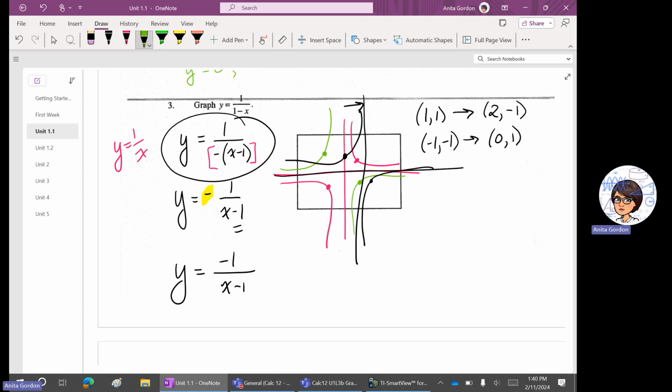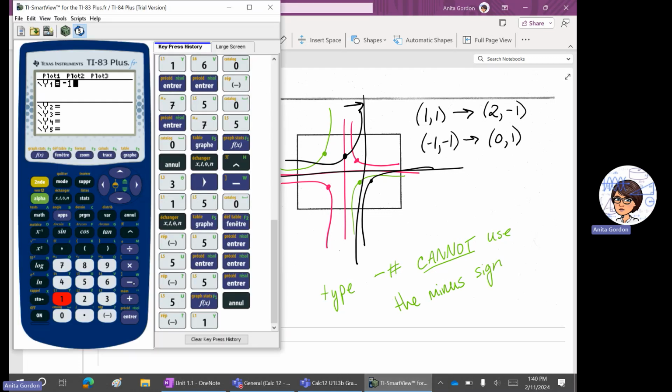Also, when you type a negative number, you cannot use the minus sign. You have to use the negative sign. So going back to our calculator, the minus sign is blue and it is between the multiply and adding sign, but the negative sign is to the left of the equals or the enter at the very, very bottom.